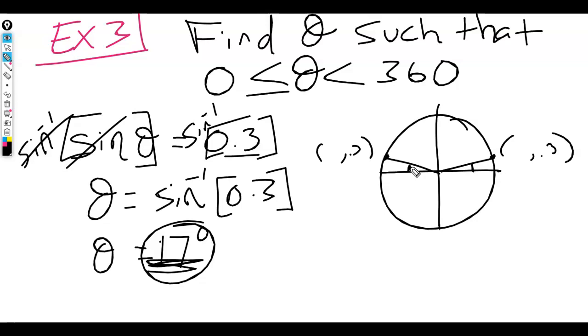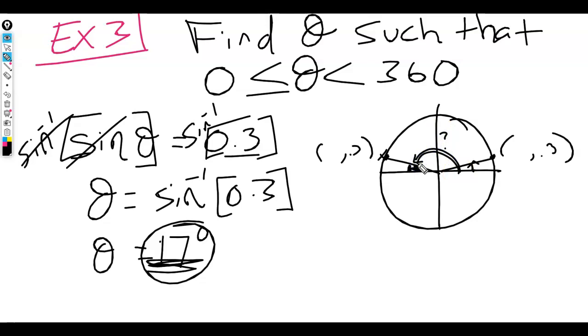Because you've got to remember, when you're doing a unit circle, the angle always starts from over here. So this one, the arrow stops here at 17 degrees. But if you want to find this spot, you actually have to go all the way over like this. So even though this little chunk that we're looking at is 17 degrees, what we really want to know is what's the angle that goes from here all the way over to here.